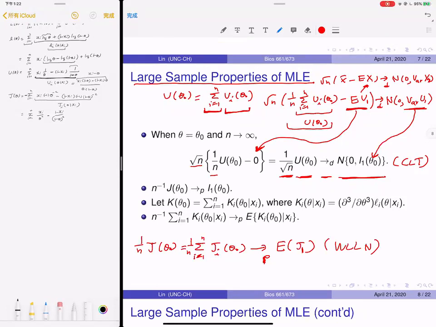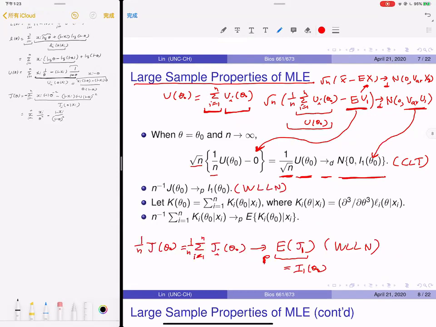By definition, the expected value of J1 equals I1(theta 0), the information number. That's why you will see that result. So really the result is based on nothing but the weak law of large numbers.